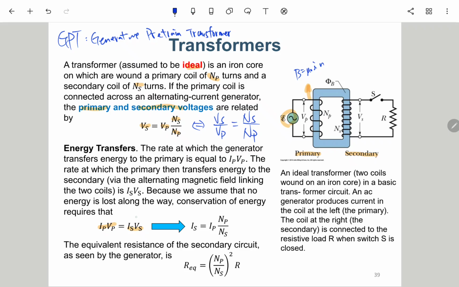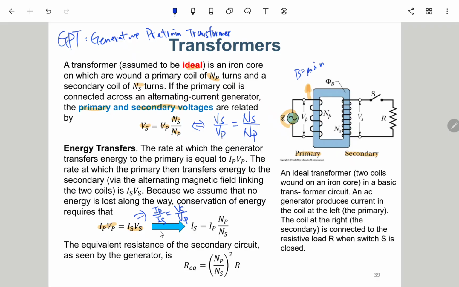So here we have IP over IS is actually VS over VP. Because they have the same power, and V times I will be the power, if V is large, I will be small. If I is large, V will be small.